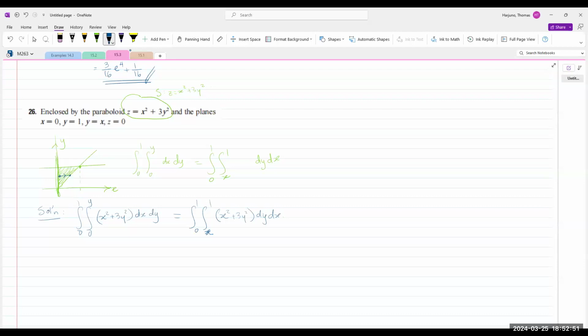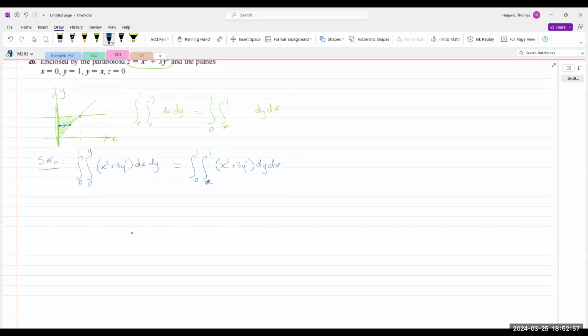Okay, but I like zeros. I prefer to use zeros. You will see it becomes very convenient when you have boundary zeros, right? So 0 to 1, when I integrate with respect to x, that's 1/3 x cubed plus 3xy squared from 0 to y, dy. You see how convenient that is when you plug in x equals 0?